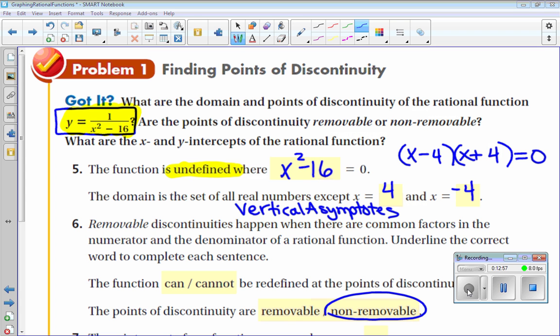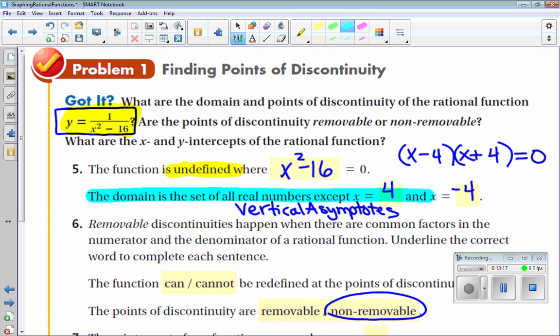Whenever you have a point of discontinuity, like an asymptote or a hole, those are called domain restrictions. So if I asked you on a quiz or a test, what is the domain of this function? The domain of this function is all real numbers except 4 and negative 4. X can be anything except 4 and negative 4.